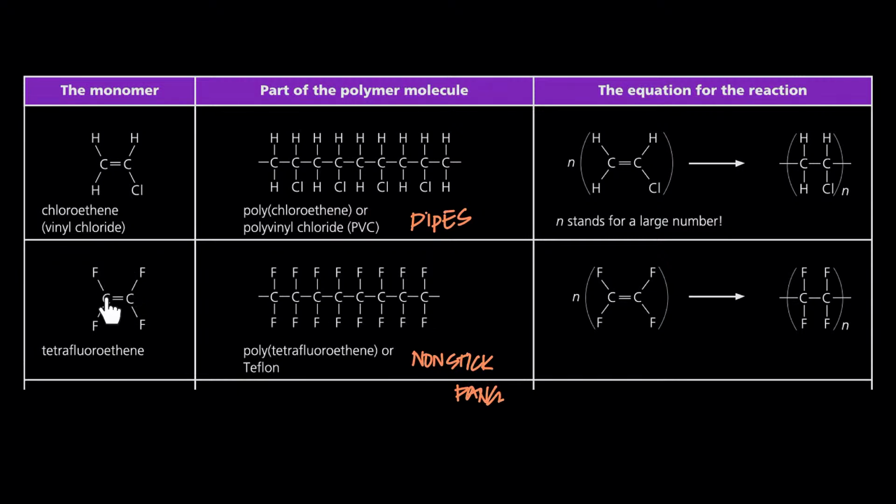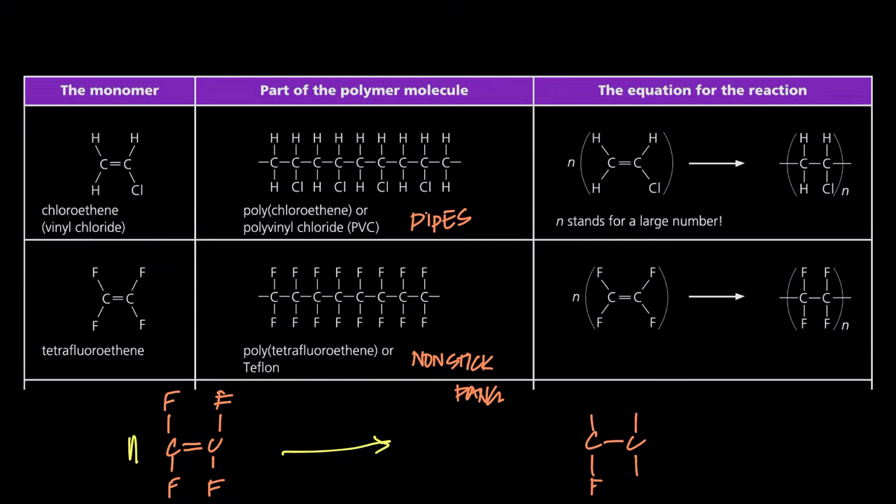What is this polymer? The monomer is C double bond C, with two F's on top and two F's at the bottom. And N of this combine to make the polymer.